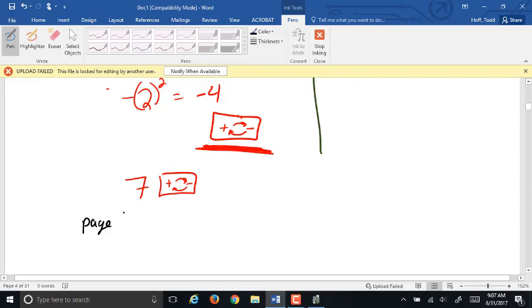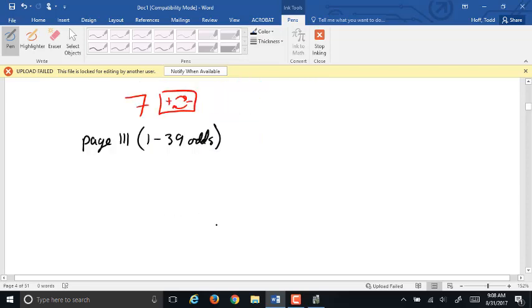For Tuesday, in your book, page 111, 1 through 39, the odds. Also page 114, 1 through 35, the odds.